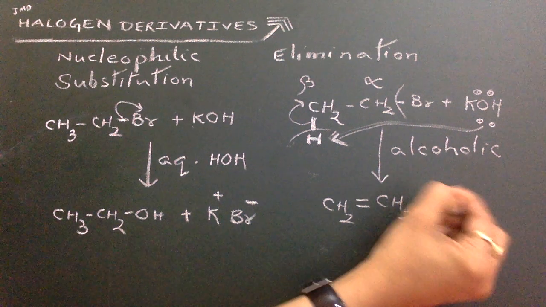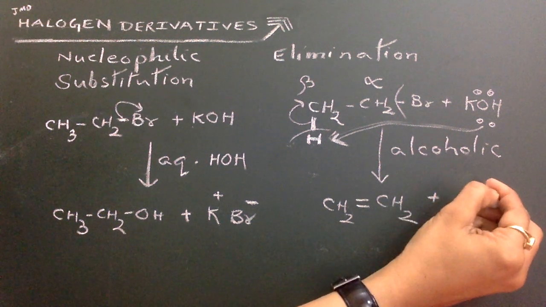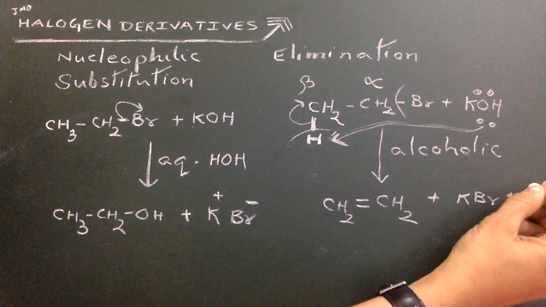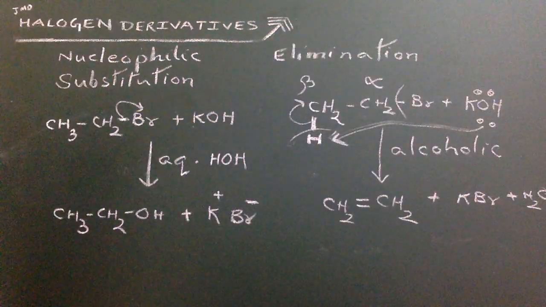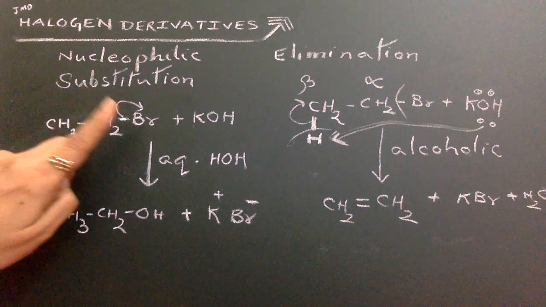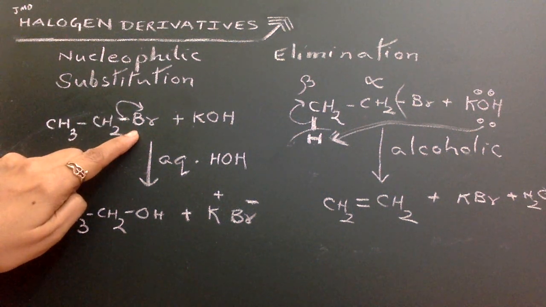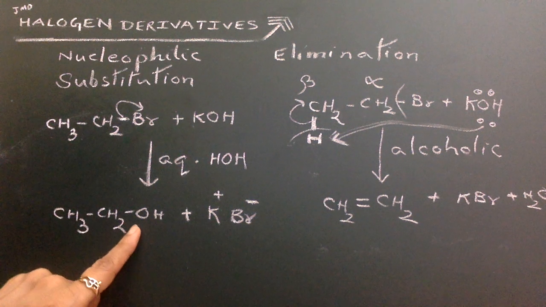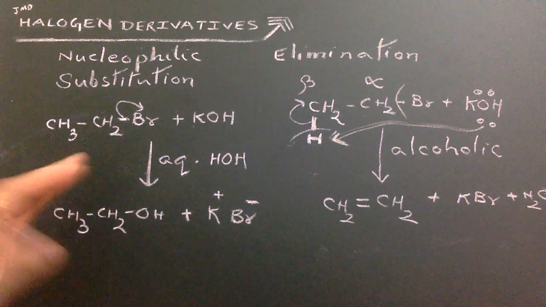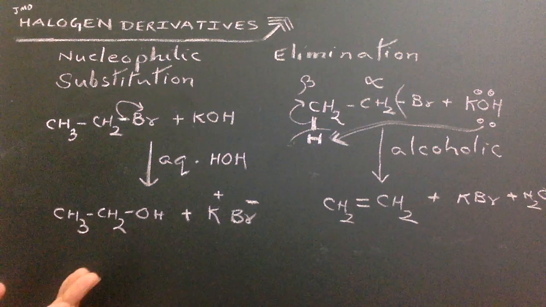This is an elimination reaction, students. This is not nucleophilic substitution. In a nucleophilic substitution, the weak nucleophile Br minus is replaced by a strong nucleophile OH minus, and we call it a nucleophilic substitution reaction.